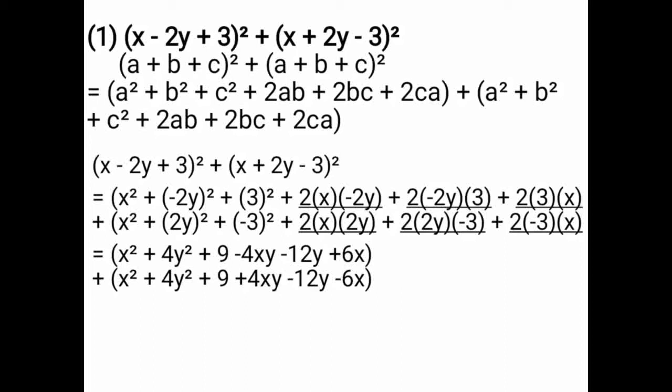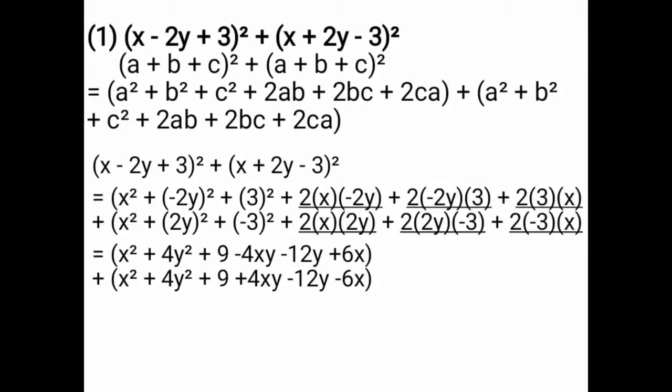Plus 2 into 2 is 4, 4 into x into y is 4xy. Plus into minus is minus. 2 2s are 4, 4 3s are 12, 12 into y is 12y. Plus into minus is minus. 2 into 3 is 6, 6 into x is 6x.